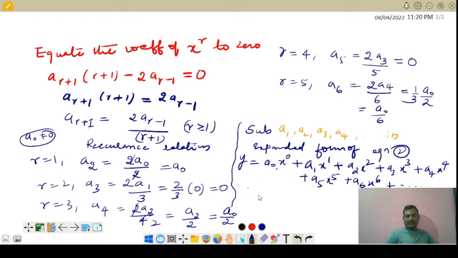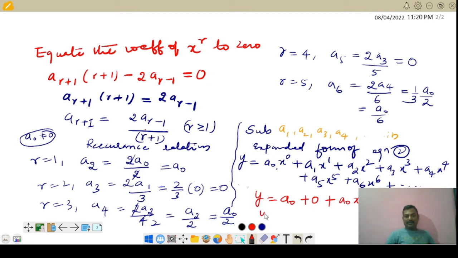a raised to 6. So finally students, y is equal to, this is a0 into x raised to 0 is 1 plus a1 value is 0 plus a2 value is a0 into x square plus a3 value is 0 into anything is 0, a4 value is a0 by 2, okay, into x raised to 4 plus a5 is 0, a6 is a0 by 6 into x raised to 6 plus so on.